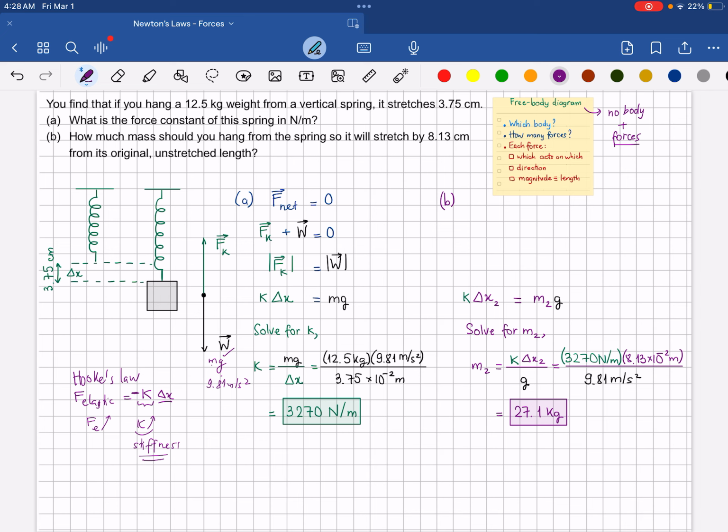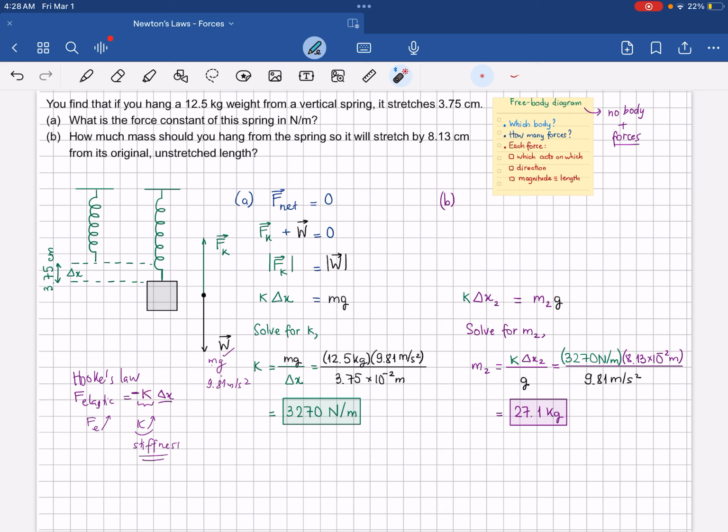The second force here has to do with the elastic spring, the elastic force that restores the shape of the spring and also acts on the object. For this one we follow Hooke's law, that's why we have -k delta x with the minus here.